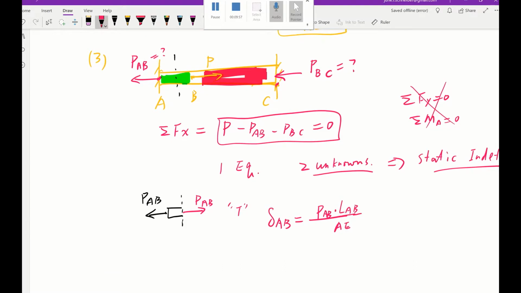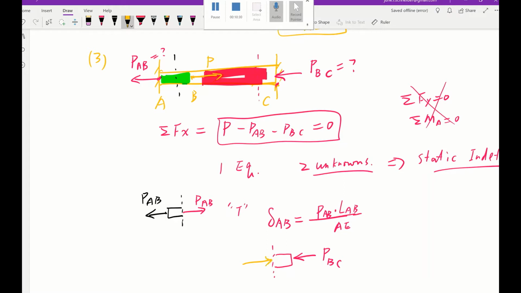Now if we're going to look at the BC section, if we cut it randomly between there, and we look at the right section, we have an external force from the wall, that's PBC. And then we want to figure out what's going to be the internal force.